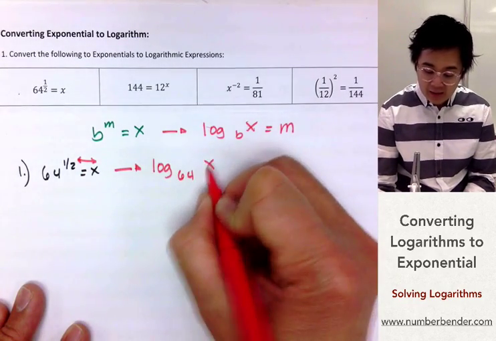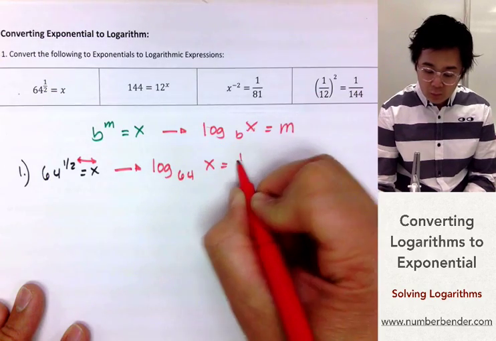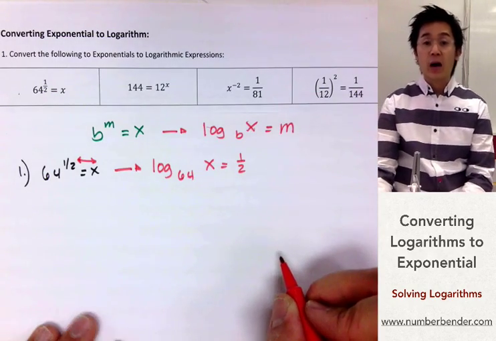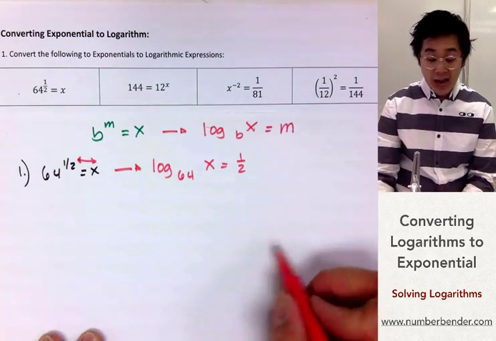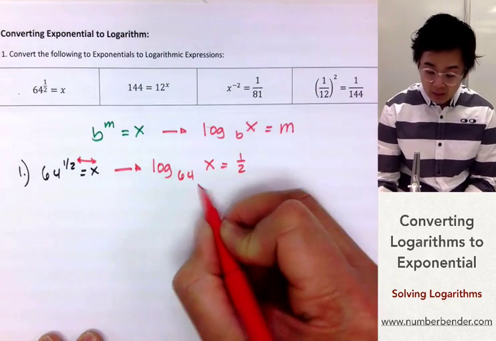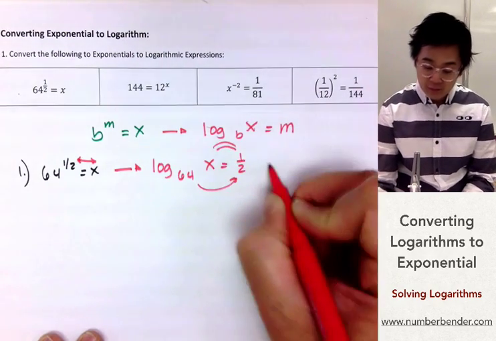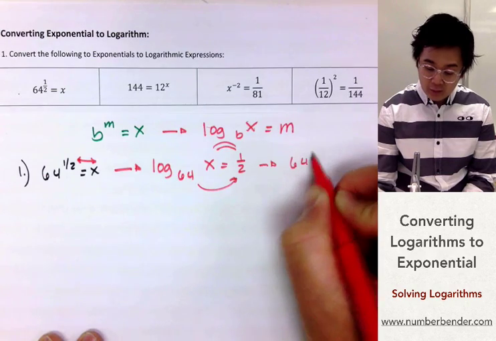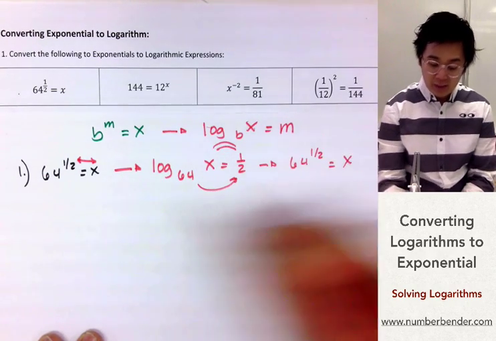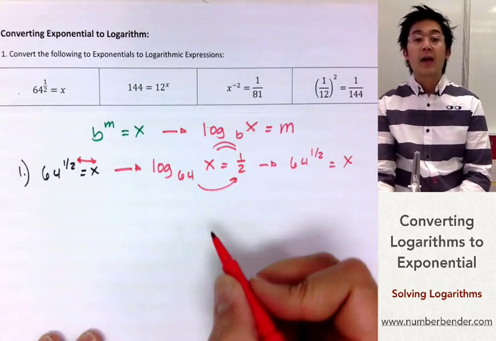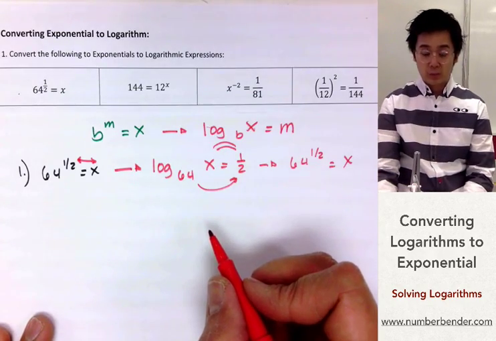So I'll have x here equal to 1/2. So this is how I can complete my conversion. And I know I did it correctly because if I do my visual again, 64 raised to 1/2 is equal to x. It's the same as my exponential function from the given problem.